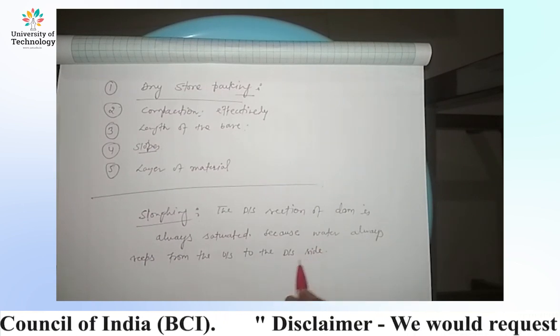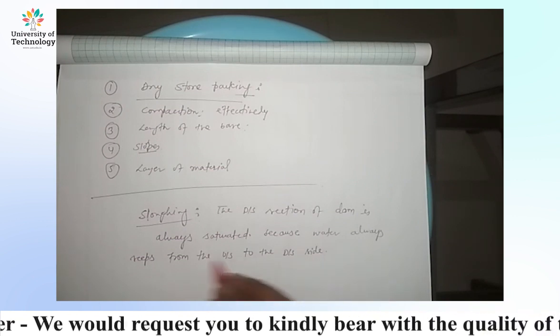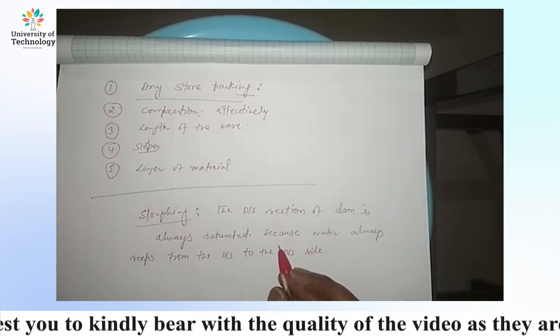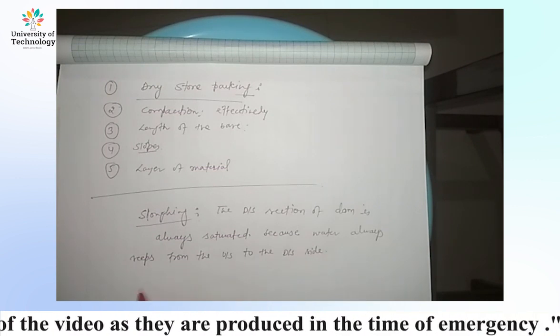So the soil gets eroded, which causes failing of soil mass.